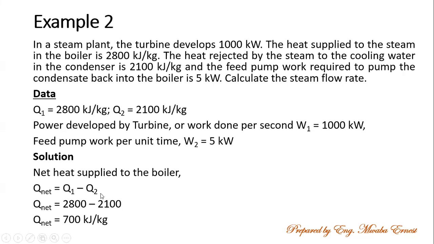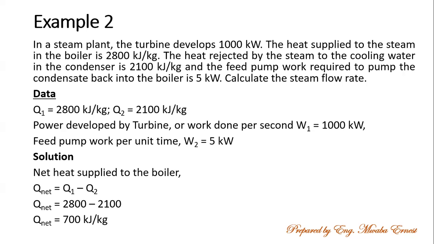So we can now go back to how you find the net heat supplied to the boiler. This is where we said the net heat is given by the difference between the heat coming from the source and what is being rejected by the system. So we're writing it here as Q1 minus Q2.